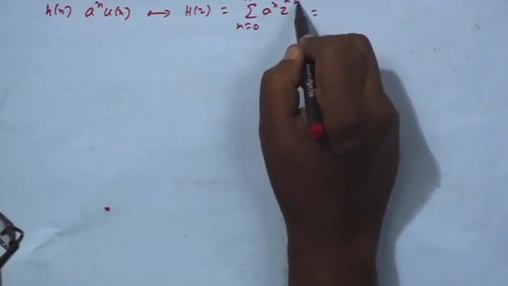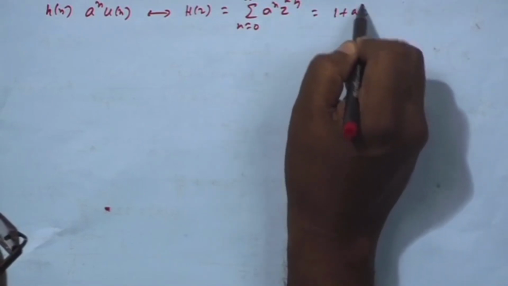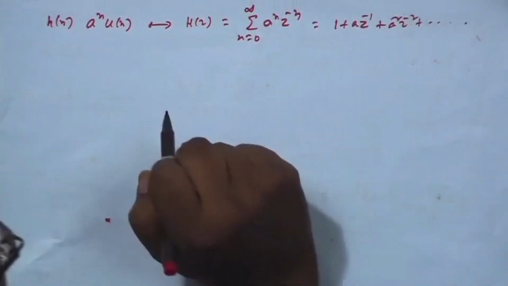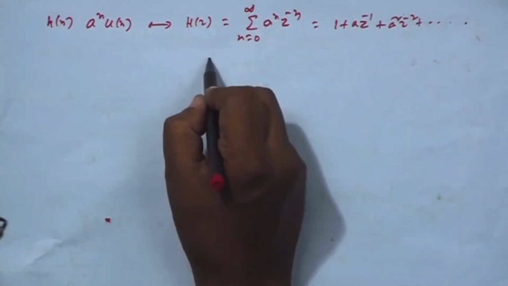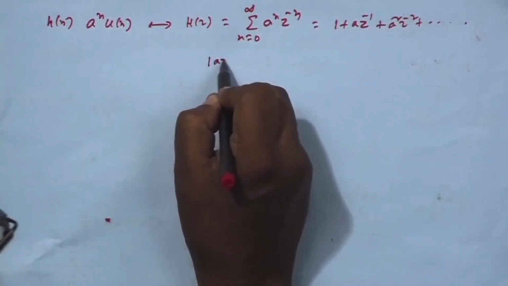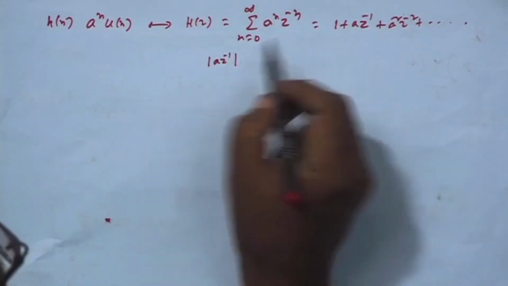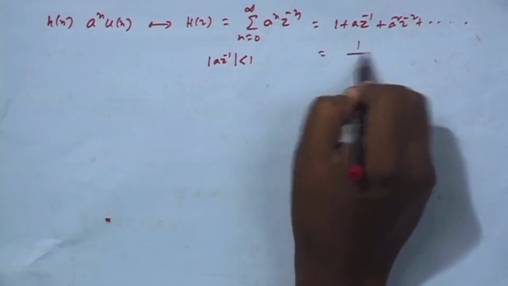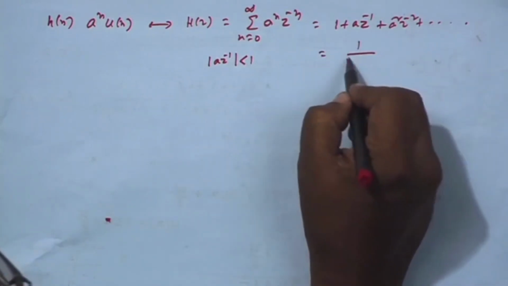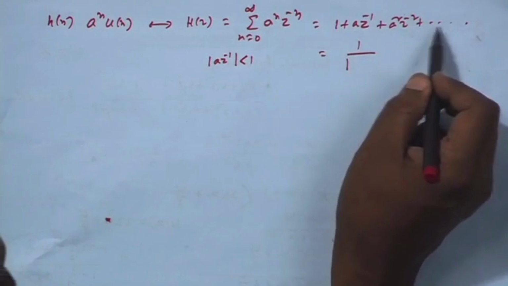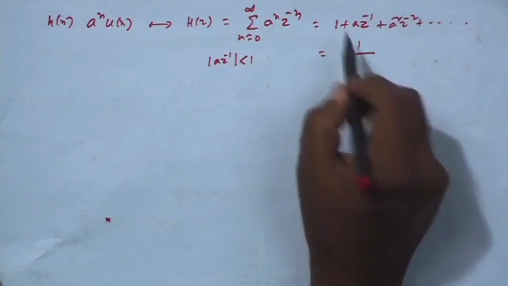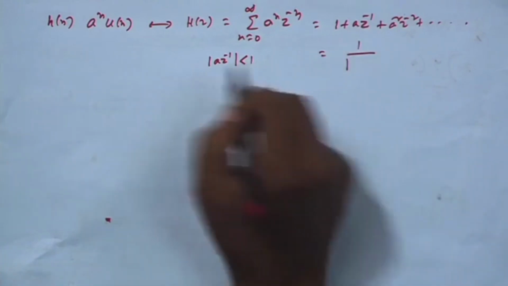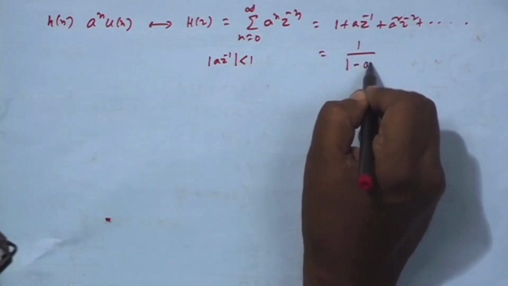So, a to the power 0 z to the power 0 is 1, then a z inverse, a square z inverse 2, and so on. This will converge if mod a z inverse is less than 1. Okay, then it converges, as we have all done in school: 1 plus x plus x square plus x cube and so on converges to 1 by 1 minus x if mod x is less than 1. Instead of x, I have a z inverse. So, if that is true, it will converge to 1 by 1 minus a z inverse.